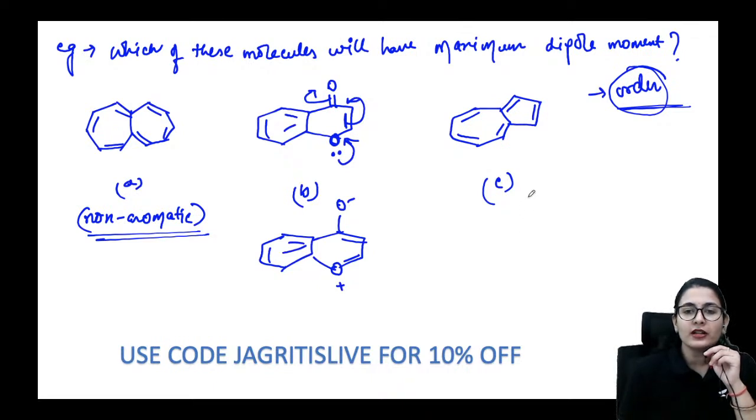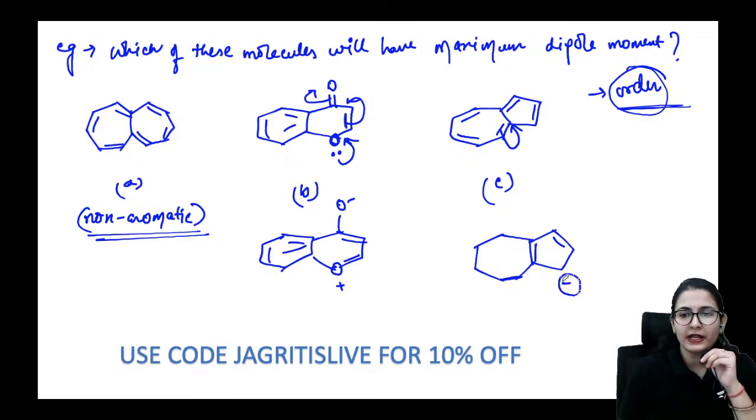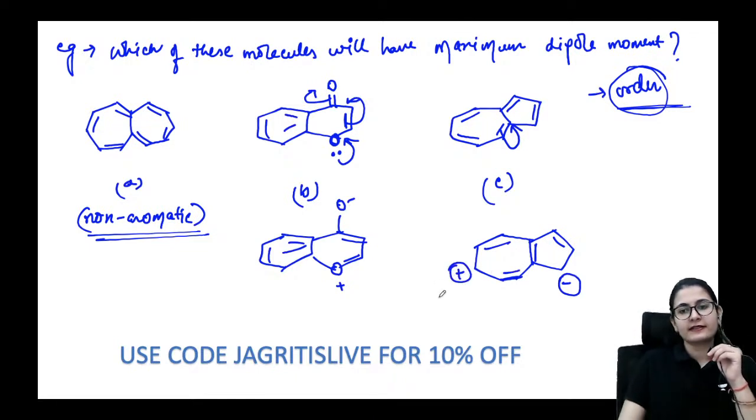Why? Because if you remove this one bond from the azulene system, let's say you draw the azulene in such a manner that you have this negative charge over here. Let's say this is one cyclopentadienyl ring system, and this is your tropylium cation system, right?